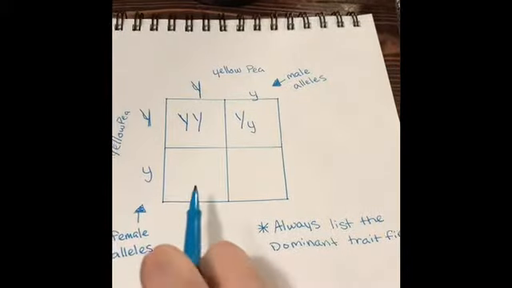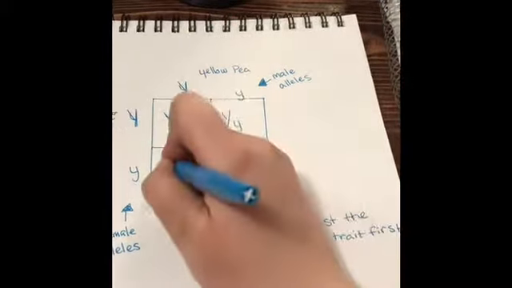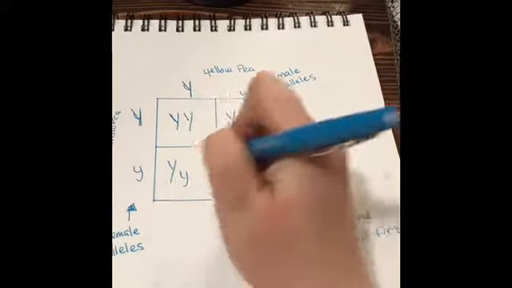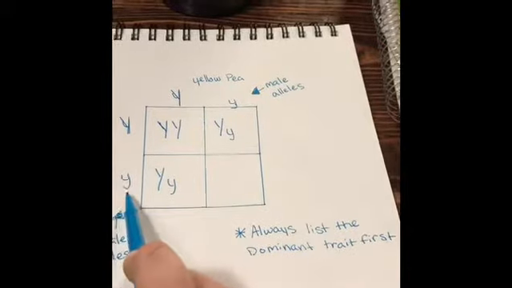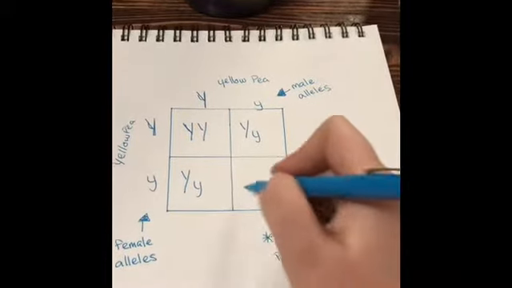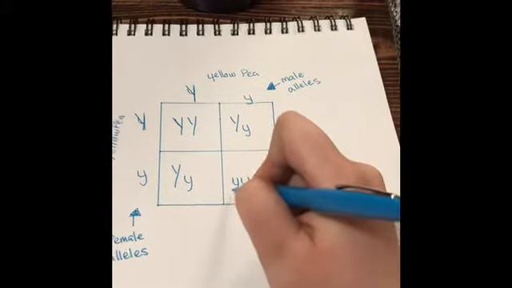And then for this one, we can see we have a capital Y and a lowercase y. And for our last one, we can see we have a lowercase y and a lowercase y.